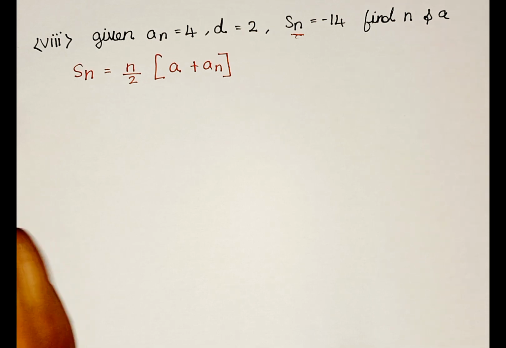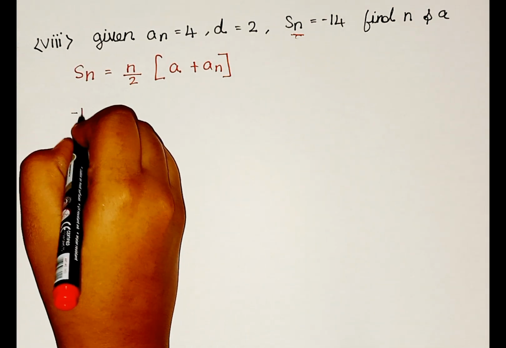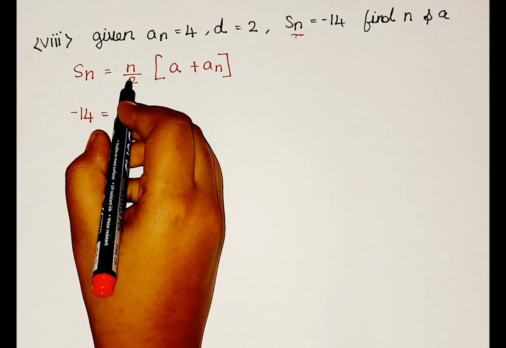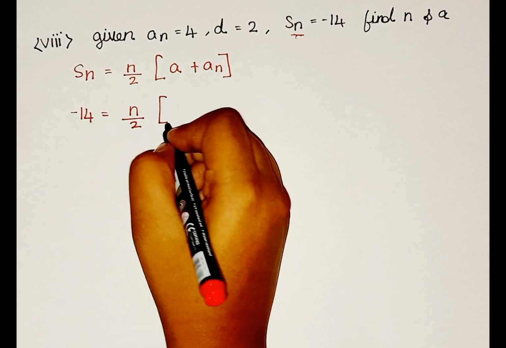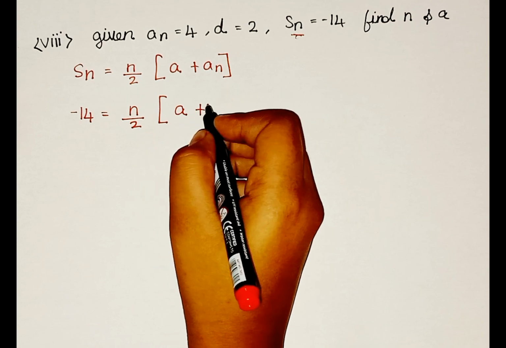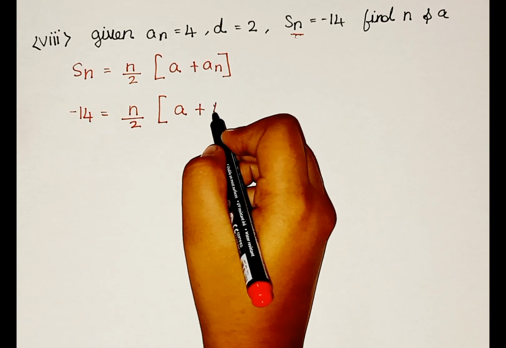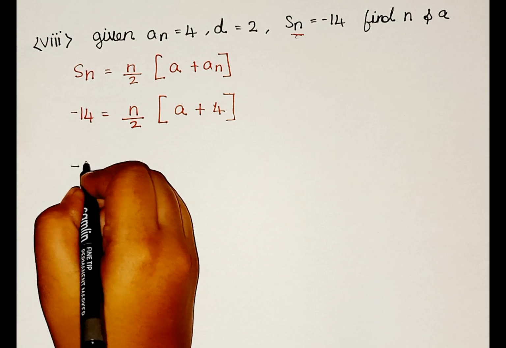So what is the Sn value? The Sn value is minus 14, equal to n, which we don't know and have to find, and bracket a, which we also don't know, plus an value, which is 4. Close the bracket. Now we can write minus 14.